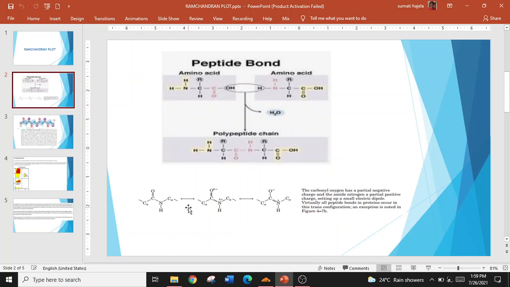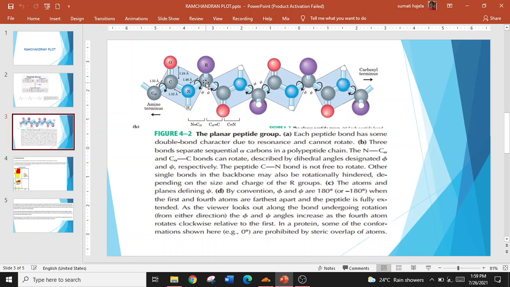Alpha carbons of adjacent amino acids are separated by three covalent bonds. The arrangement is C alpha, C, N, and then again C alpha. So this is how this arrangement exists.